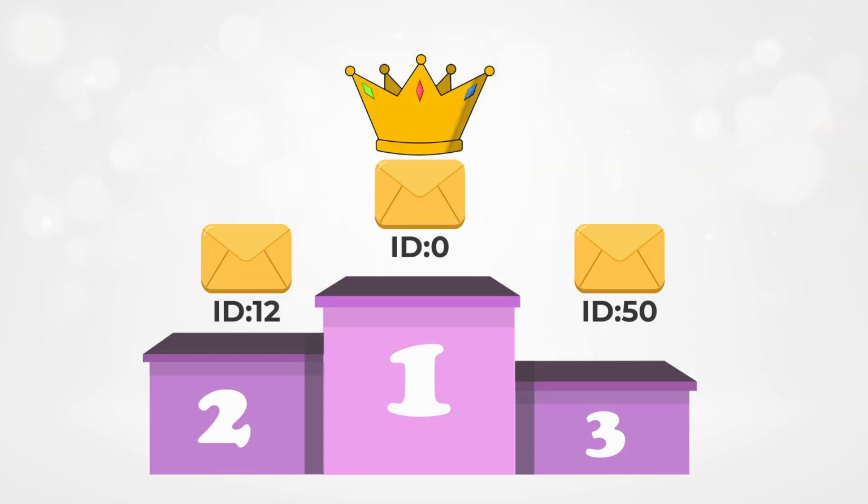So the highest possible priority would be a frame with an identifier equal to 0. Okay, but what does this priority actually mean? Practically, it's a safeguard against the rare situation where two different devices start transmitting their frame at exactly the same point in time.